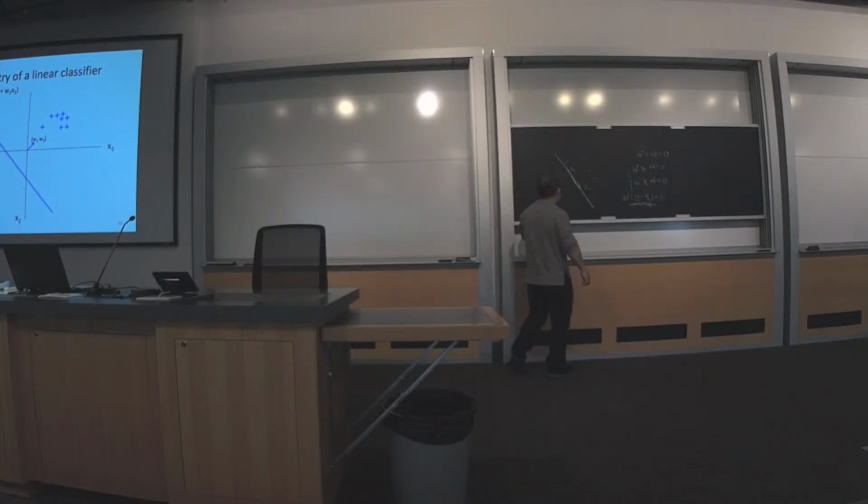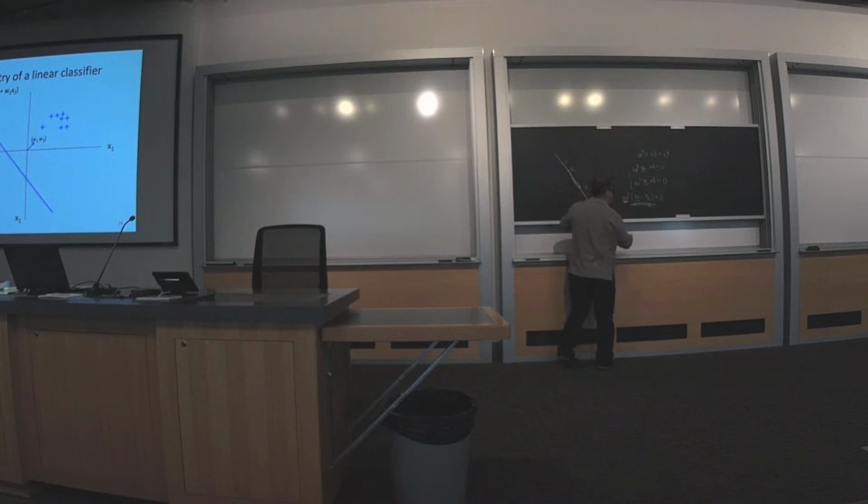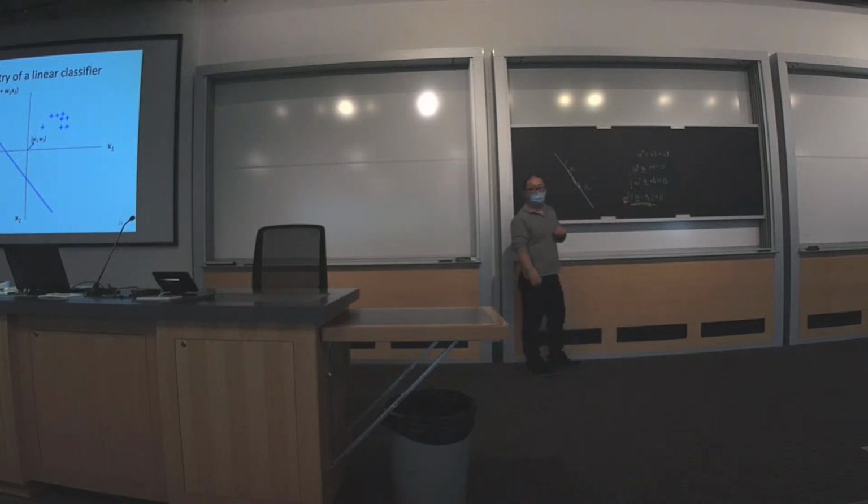A vector starting from x1 pointing to x2. Of course this vector is on this hyperplane, on this classification boundary. And what about this? In geometry, we know that if two vectors are orthogonal, their inner product is simply 0.